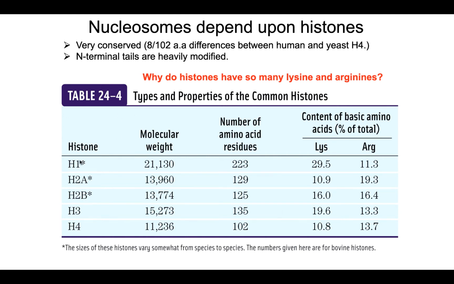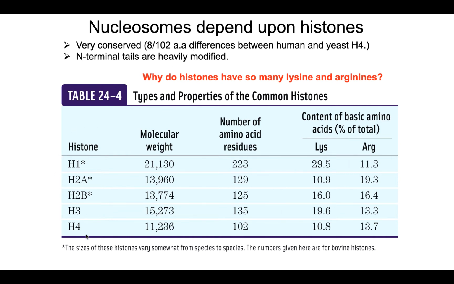It exists outside of that octamer core. The octamer core is made up of 2 H2As, 2 H2Bs, 2 H3s, and 2 H4s. These proteins are extremely conserved. If you were to compare histone H4 between humans and yeast, you'd only see 8 out of 102 amino acids that are different between the two.